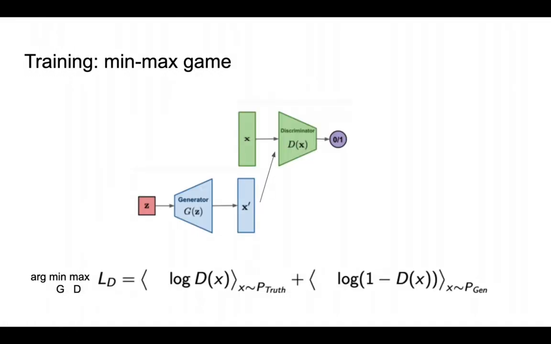In summary, a generative adversarial network is a minimax game on the loss function definition. It will try to maximize the discriminator loss, that is, the loss of this binary cross-entropy definition.